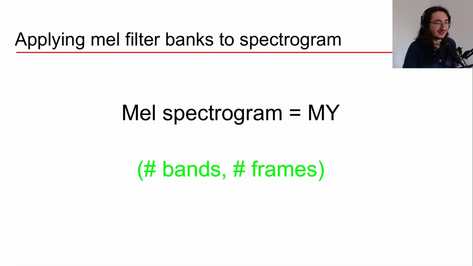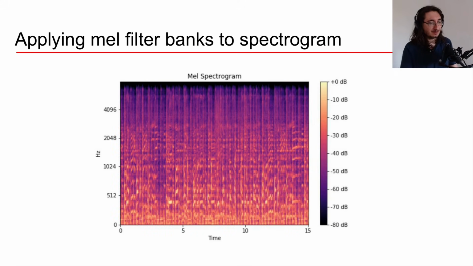And the cool thing now is that we are using Mel bands, which are psychologically relevant in terms of the way we perceive pitch. Okay, but now let's take a look at what this means in terms of a visual representation. If you're familiar with spectrograms, Mel spectrograms are no different at all. You still have a heat map, because we have a matrix.